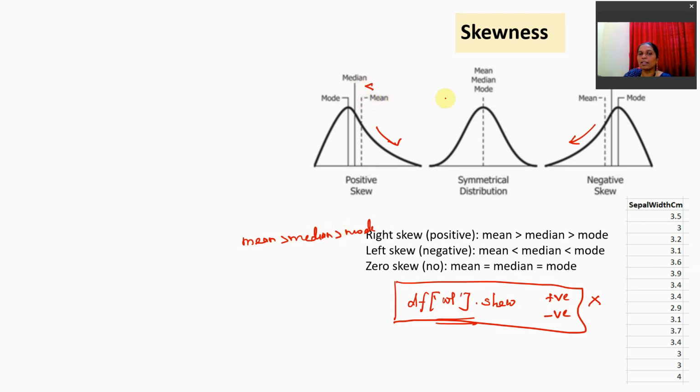Here mean is less than the median, so automatically it is a negative skew. So you need to calculate the mean and median of the particular column and identify whether the mean is greater than or less than the median. By using that, you need to tell whether it is a positive skew distribution or a negative skew distribution.